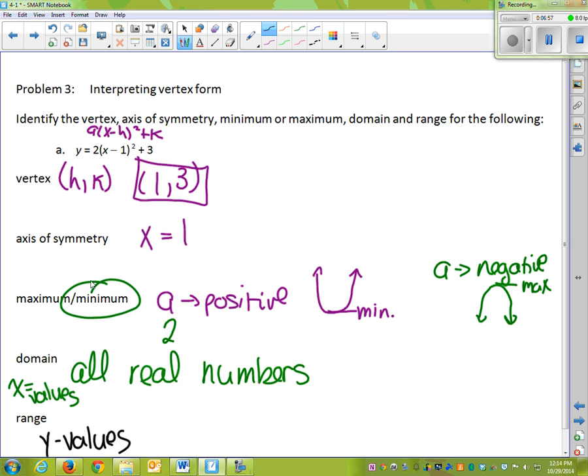We just discovered that this graph has a minimum value. The minimum or lowest point on the graph is at y equals 3. So all the y's on this graph have to be 3 or higher. Y is greater than or equal to 3. So if your graph opens up and it's a minimum, your y has to be greater than or equal to the y value of your vertex.